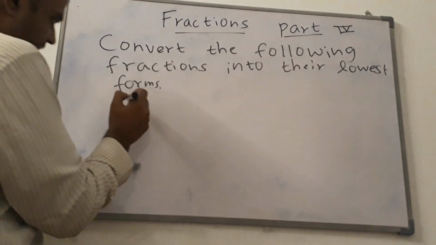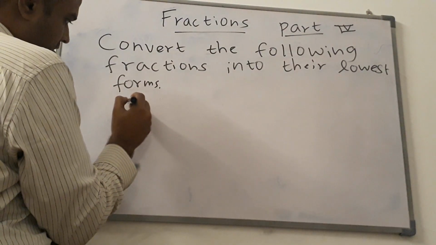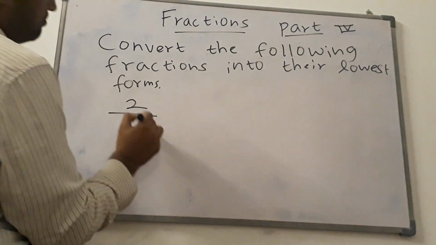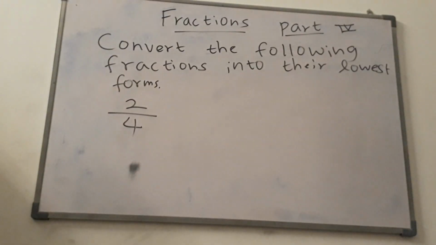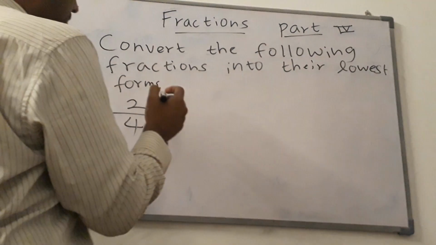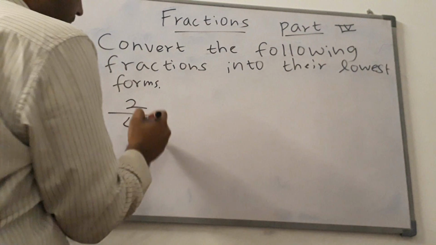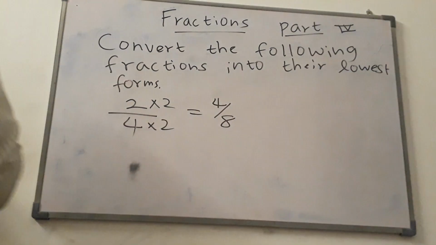For an example, if we take a fraction like 2/4, there are so many equivalent fractions to 2/4. Such as if we multiply both terms by 2, we get 4/8.